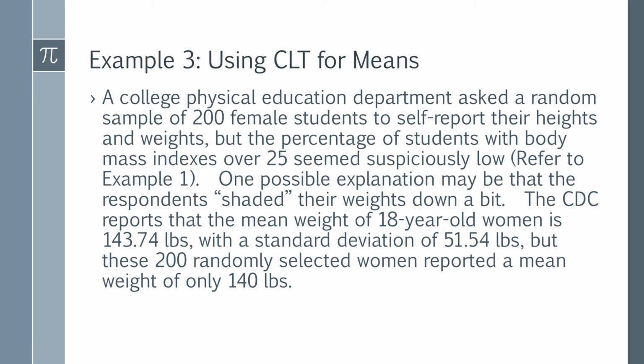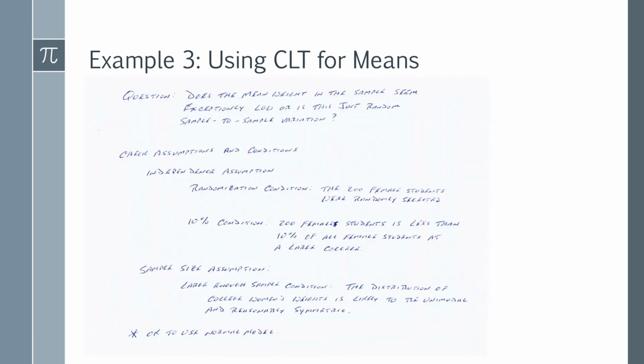The CDC reports the mean weight of 18-year-old women is 143.74 pounds with a standard deviation of 51.54 pounds. But these 200 randomly selected women reported a mean weight of only 140 pounds. So our question here: does the mean weight in the sample seem exceptionally low, or is this just random sample-to-sample variation?